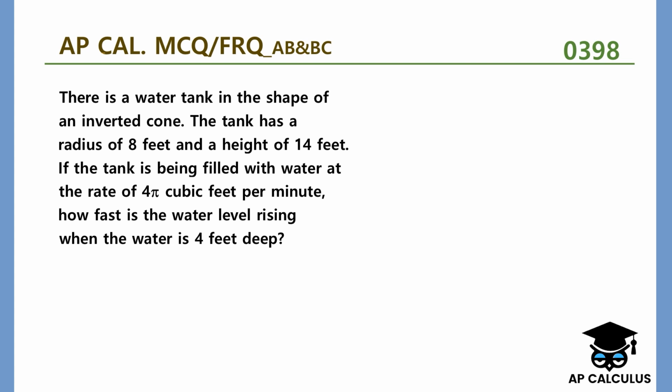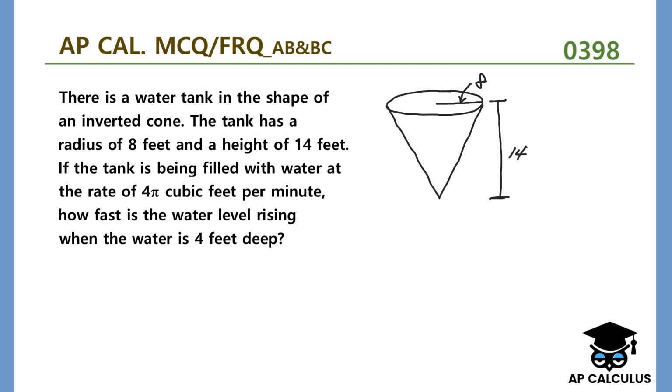Okay, let's start with the inverted cone. So here we have an inverted cone, right? This cone has radius 8 feet, so this is 8, and height 14, so this is 14. And the tank is being filled with water at the rate of 4 pi cubic feet per minute.